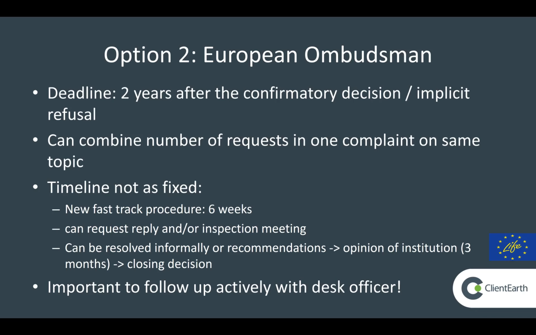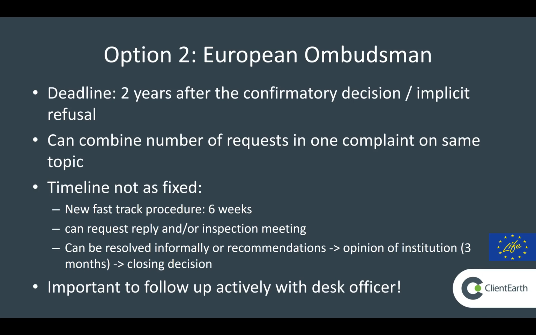On the one hand, there's a fast track procedure that is quite good, because that means that the case should be resolved in 6 weeks. That's relatively new. But that should be the case if it's an access to information request that's relatively straightforward, and then the Ombudsman assumes that by the confirmatory decision the institution has already given its position, there won't be so much exchanges, so it won't be another opportunity for the institution to reply.